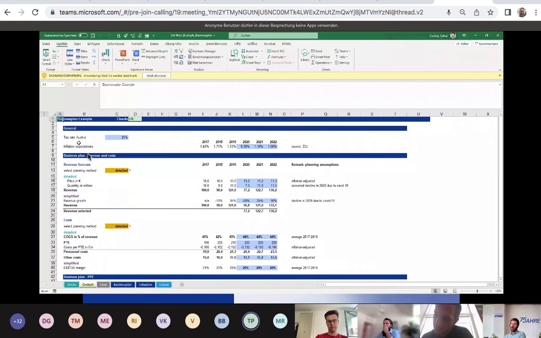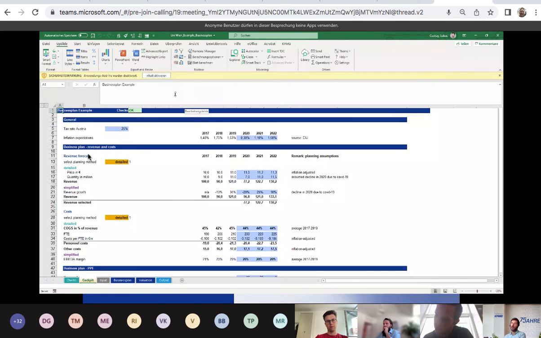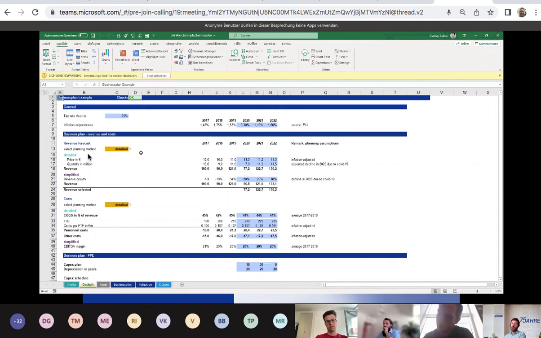Regarding the structure of this simplified financial model, you have different tabs. In this version, for example, you have your cockpit.